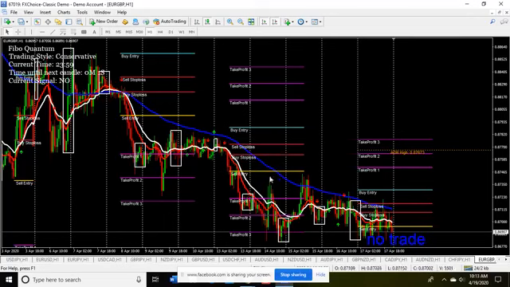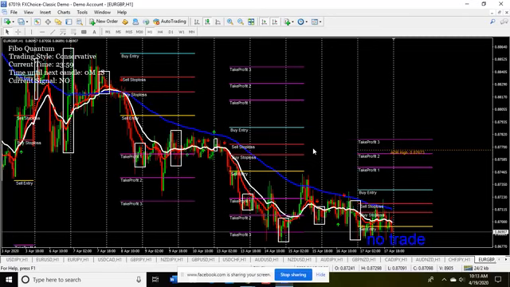When it's the opposite, when the 13 is above the 21 and both are above the 89, that confirms an uptrend. So basically it's red, white, and blue like the American flag, so it's easy to remember. Red, white, and blue from the bottom up for a downtrend, red, white, and blue from the top down for an uptrend.